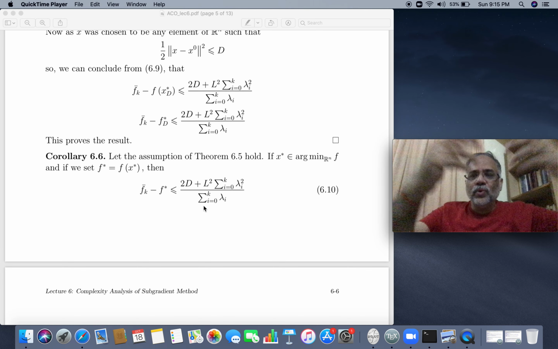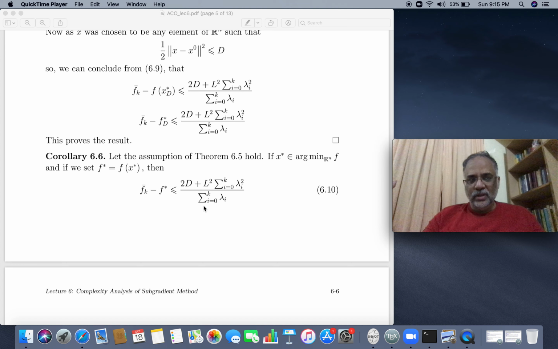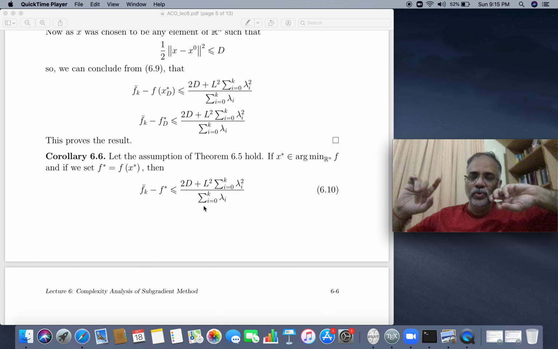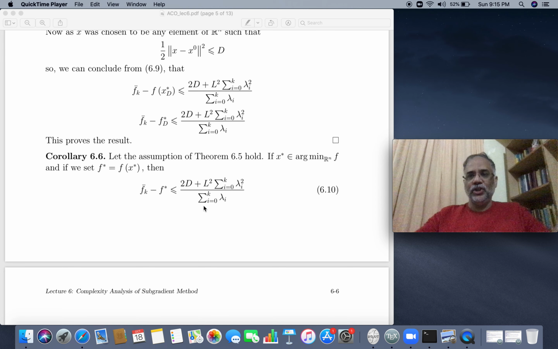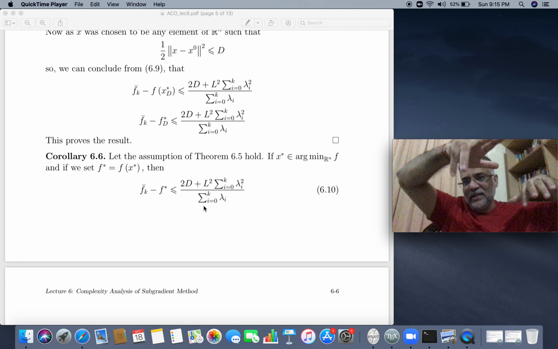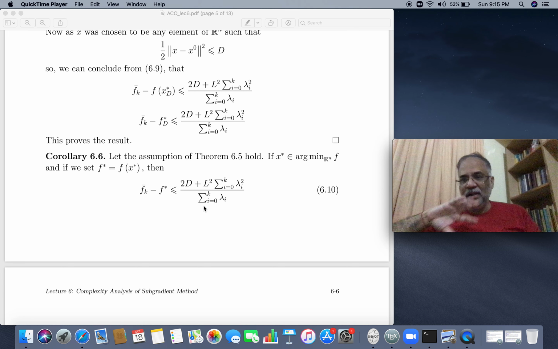You choose it so suitably large that the ball centered at x naught, the starting solution, and having a radius root 2D, would be so large that part of the argmin set will intersect it, that it will get inside that argmin set.